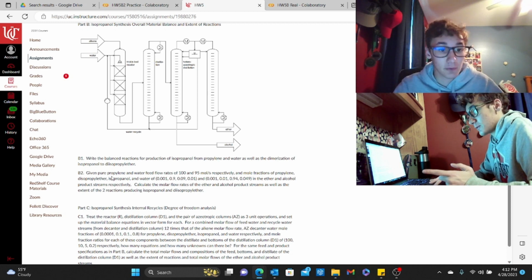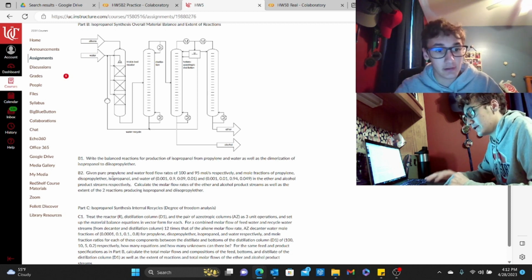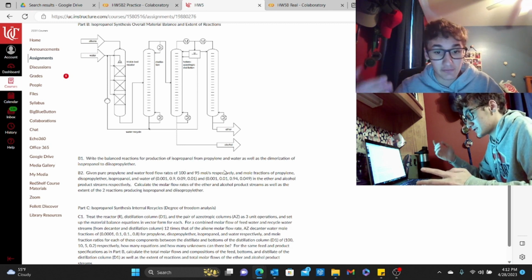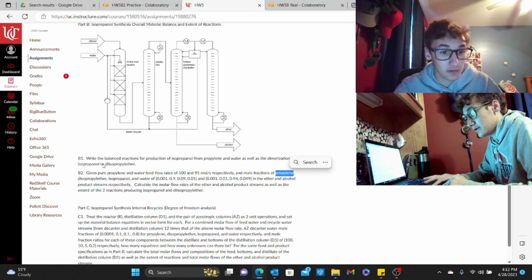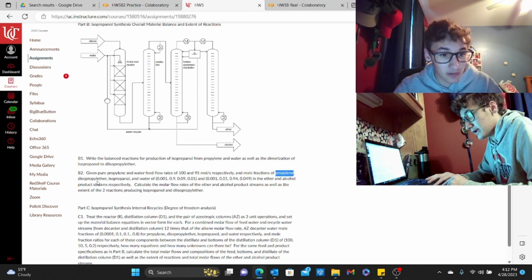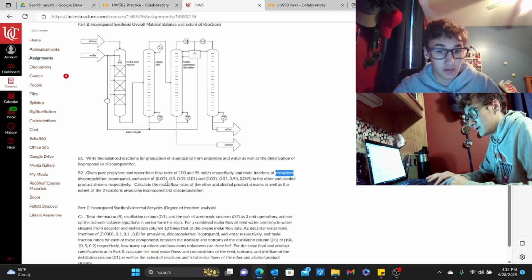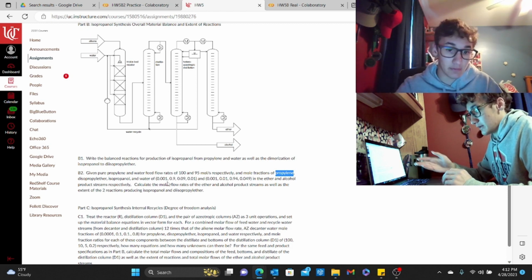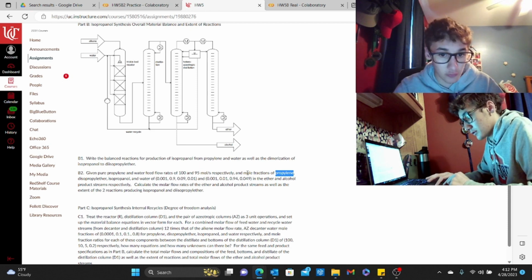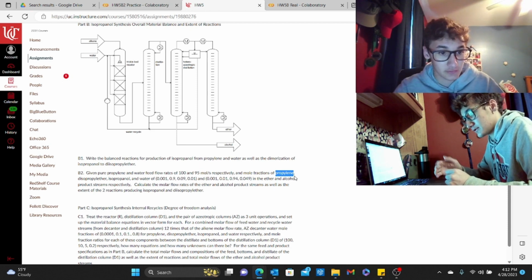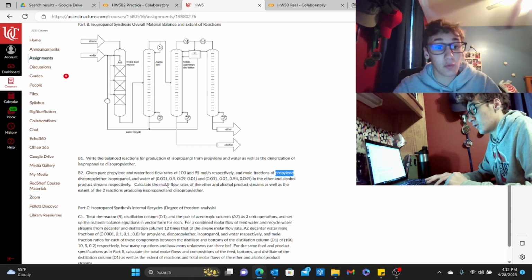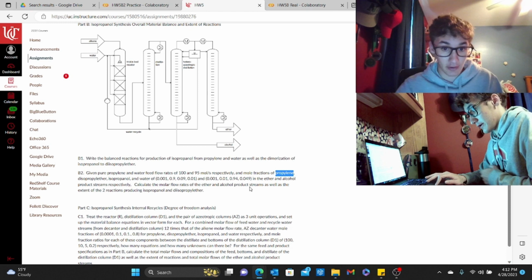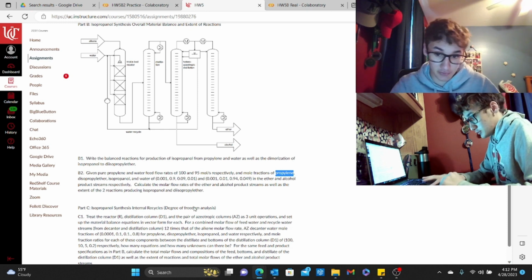Given pure propylene, our alkene, and water feed flow rates of 195 moles per second respectively, they have distinct mole fractions in the order of propylene, diisopropyl ether, isopropanol, and water, and the same order for the ether and alcohol fractions of their streams, in order of reactivity. We want to calculate the molar flow rates of the ether and alcohol product streams, as well as the extent of the two reactions.